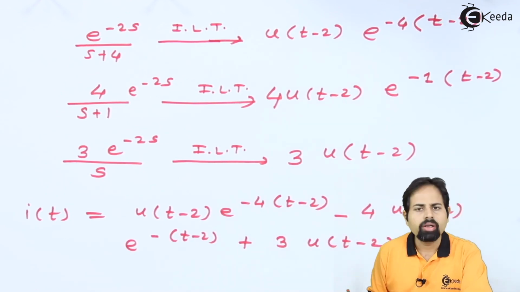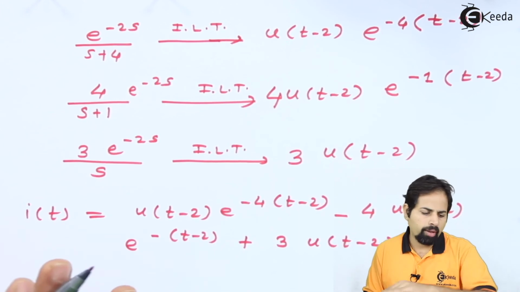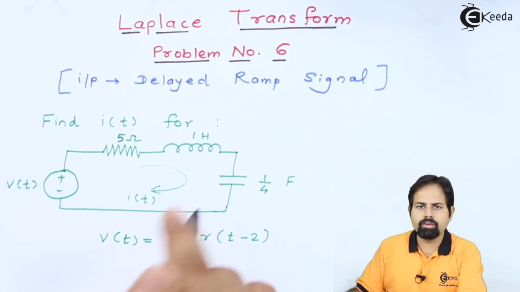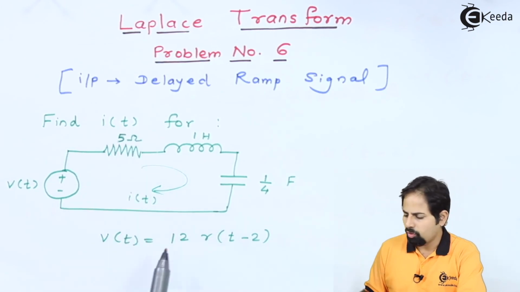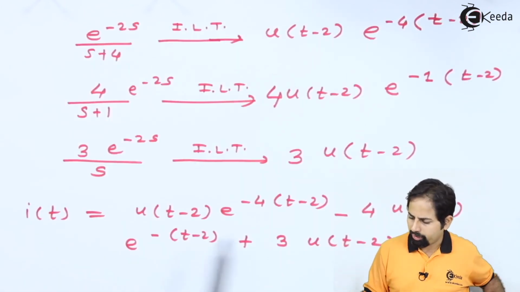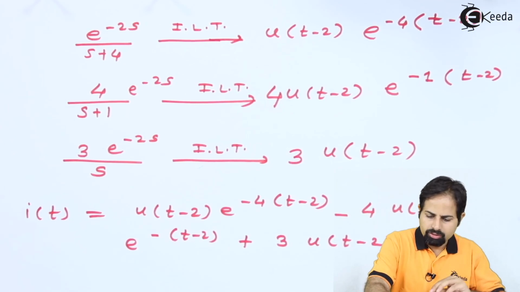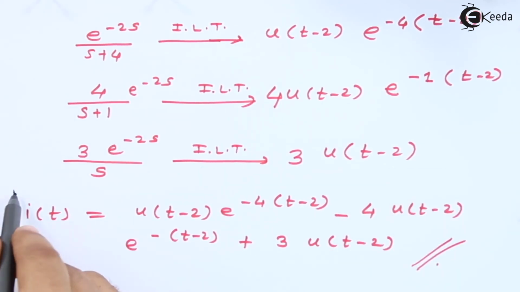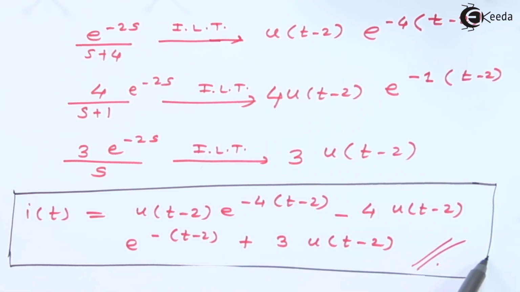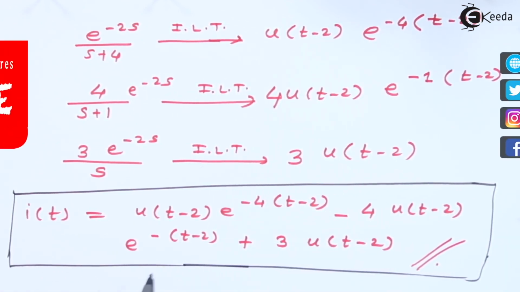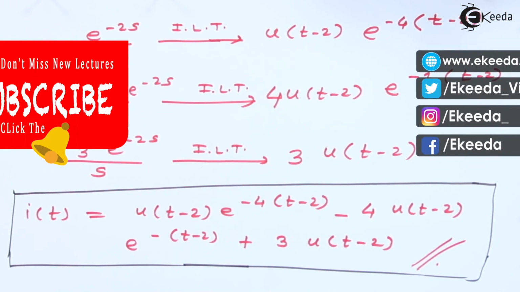So that's all about I of t, and that ends our problem. This was our problem, the delayed ramp signal, and we were supposed to find I of t. V of t was given, and we have got I of t. So this is I of t that we have got, and that ends our problem.